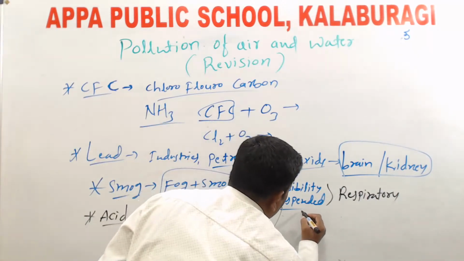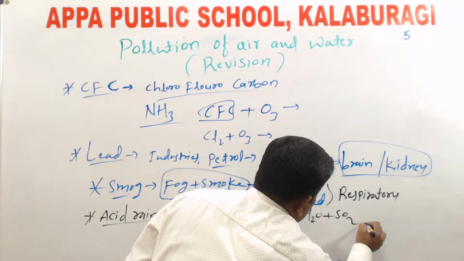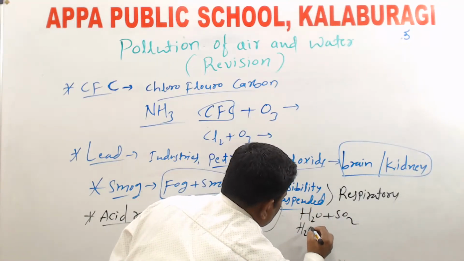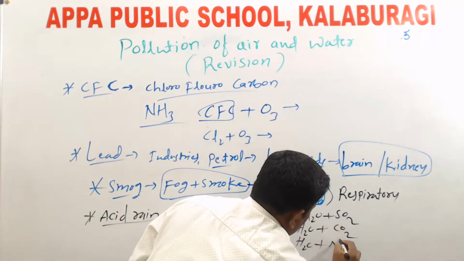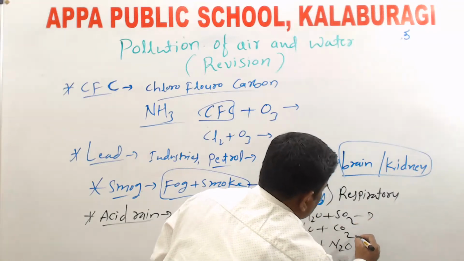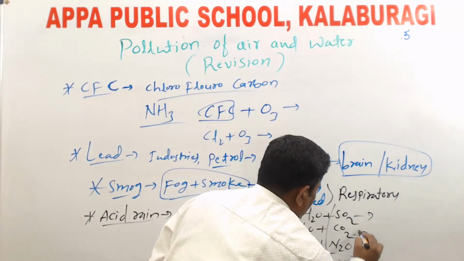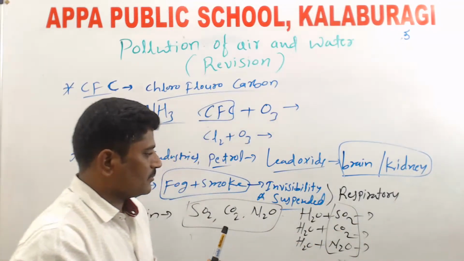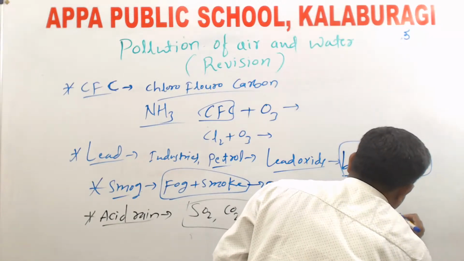While raining, sulfur dioxide, carbon dioxide, and nitrogen oxide dissolve in water. These three gases dissolve in water and form what?